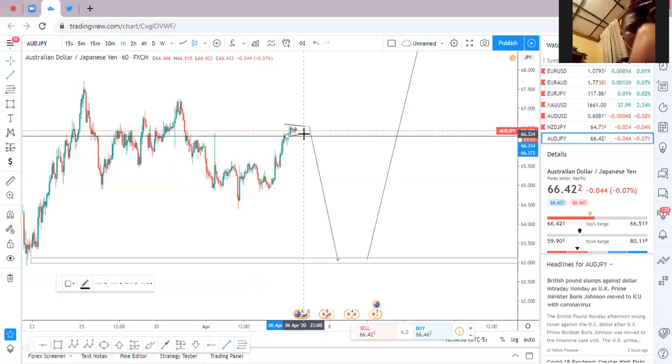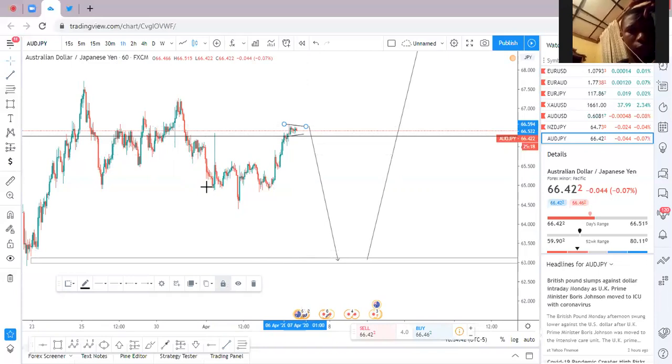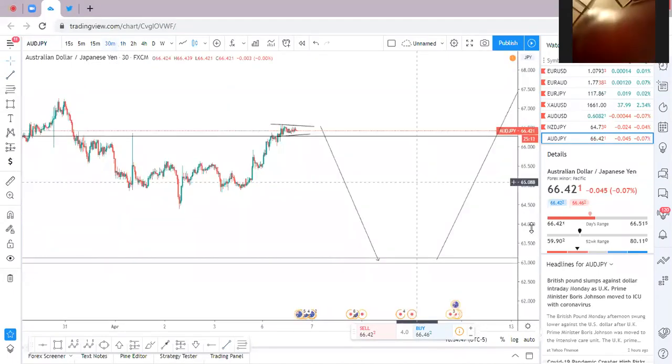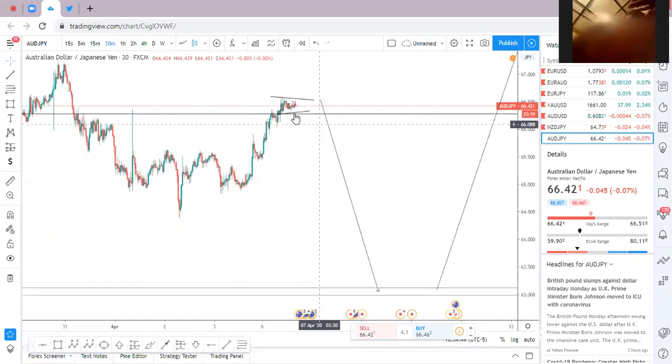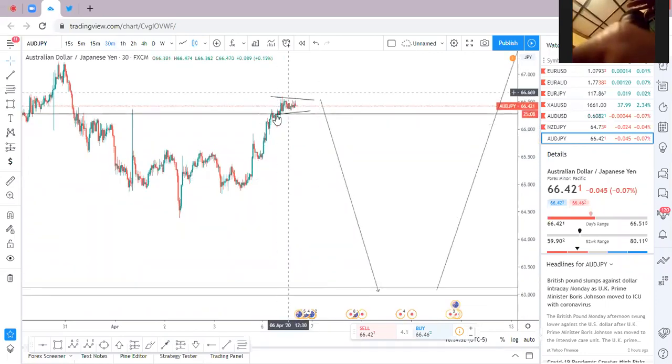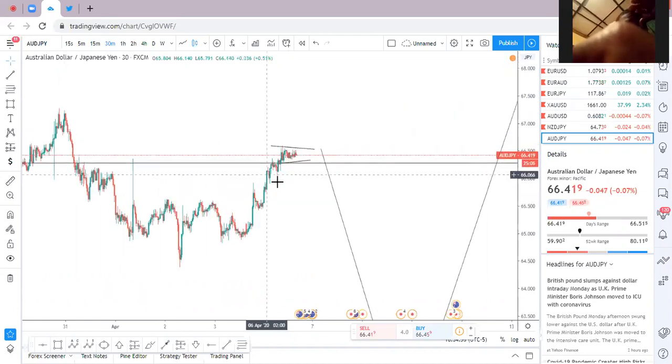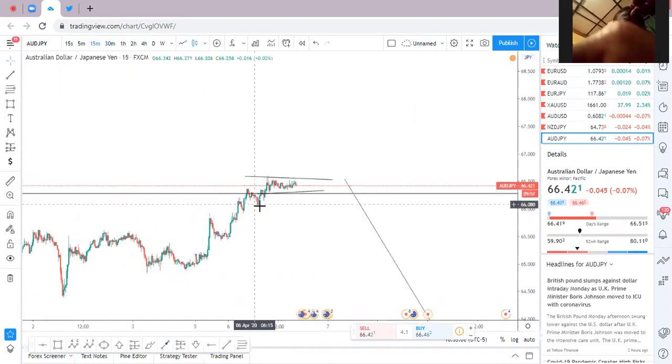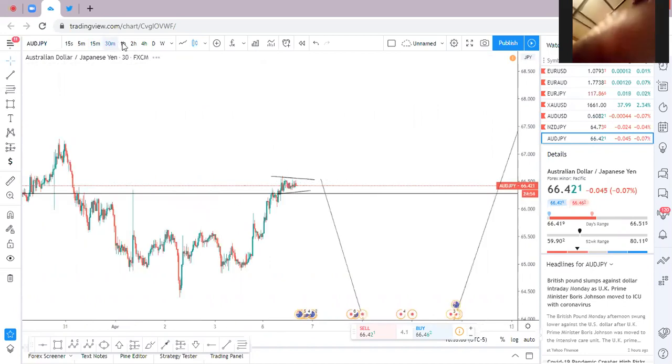You can see it very clearly on 30 minutes. We're having a sort of consolidation around there. And I think this is giving us a bullish flag on 30 minutes, on 15 minutes, on 5 minutes as well. We'll just have to wait and see what the market has in store.